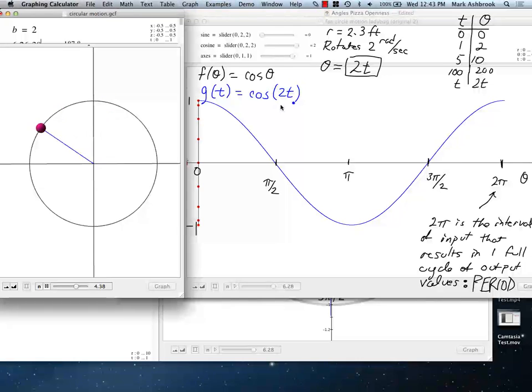So this expression 2t, since it's the angle, since it's theta, we need to make it equal to what we know the period is for cosine, and then find the value of t that's going to make that expression, theta, equal to 2 pi. So this is what we set up to figure out the period of our g function, which is now in terms of time instead of angle.